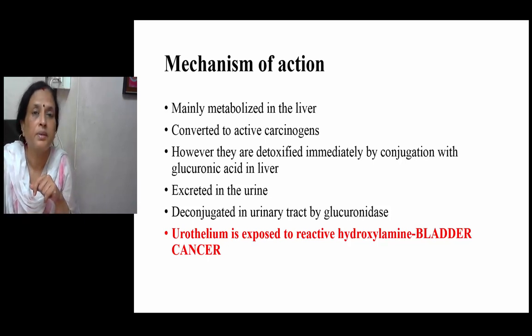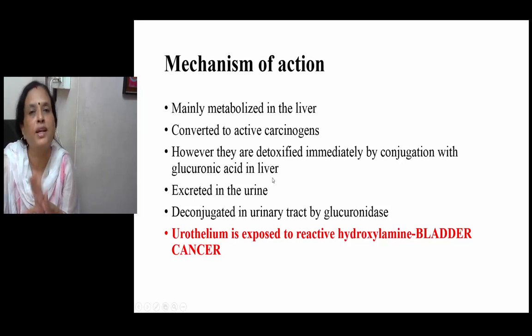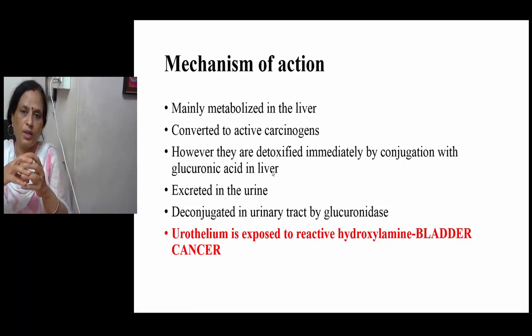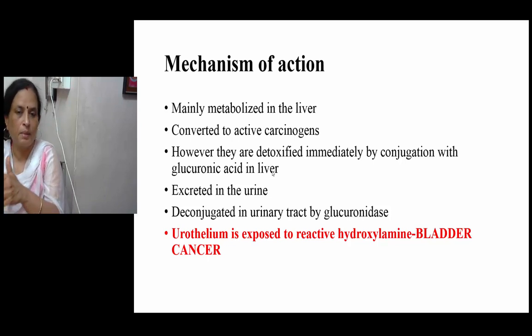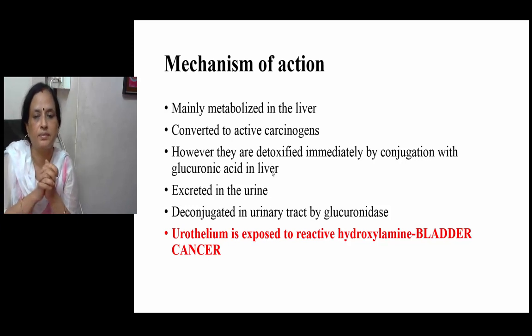But an important factor, they are detoxified immediately by conjugation with glucuronic acid which is there in the liver. See, a carcinogen is metabolized, converted into an active form, but immediately it is detoxified because of the glucuronic acid.